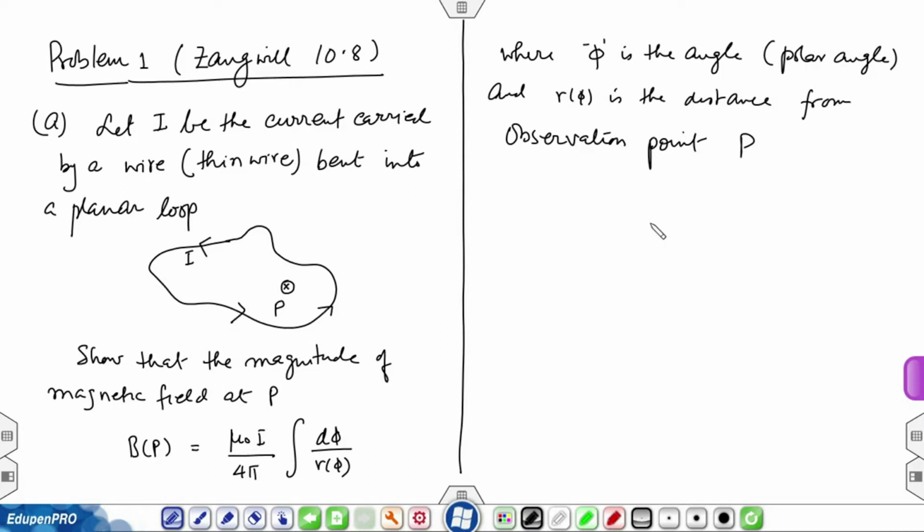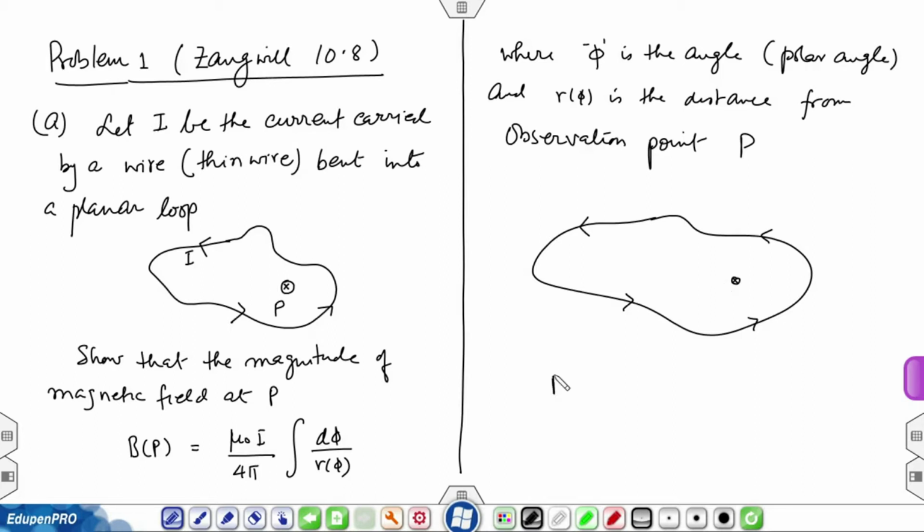What it is saying is that here is a loop carrying current I, and I want to calculate the field at this point P. In that case, this field is given by the expression that we have shown.